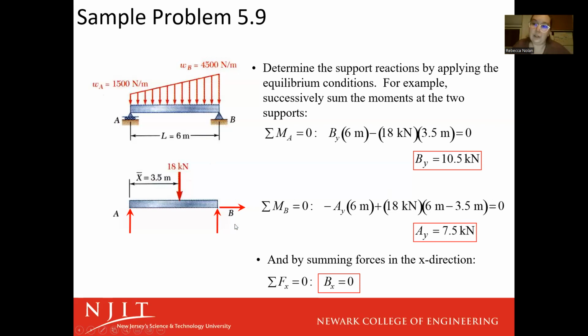When we go to do our summation of forces in the x direction, there are no X forces besides the reaction force at B. I still want you to put the reaction force there so that I see that you recognize that pin joints have two constraints to them, or two reaction forces associated with them, and also to see that you solved it, to get that it's equal to 0.